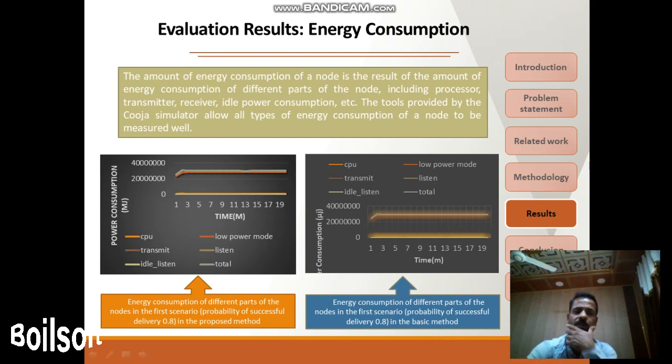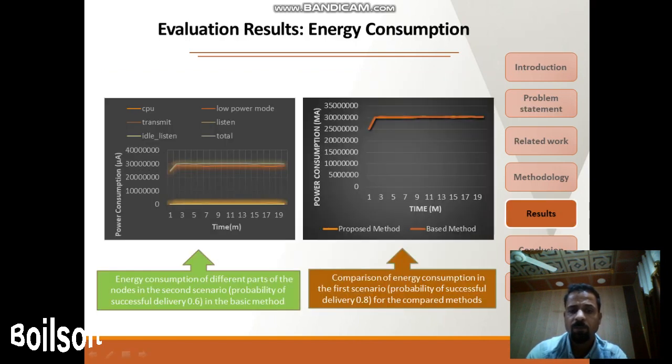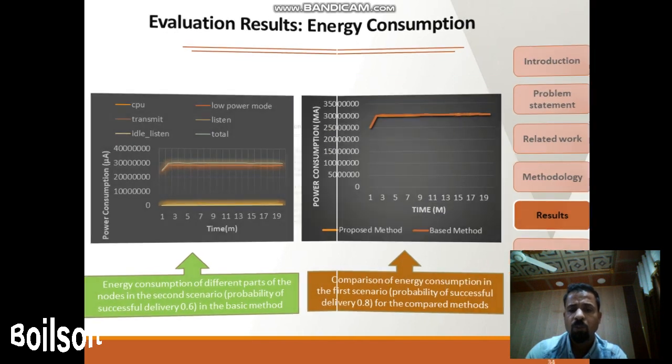Here the power consumption is in microjoules. This shows the energy consumption of different parts in the nodes, in the first scenario for the proposed method and the basic method, and the energy consumption for the second scenario.